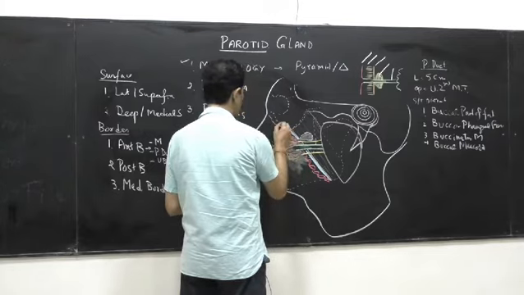Any hard thing, maybe the seed of a guava or sometimes the seed of a tomato, which is flattened and sticky, may slip into the parotid duct and go deep inside, and later on it is calcified. Calcium deposition will be there.